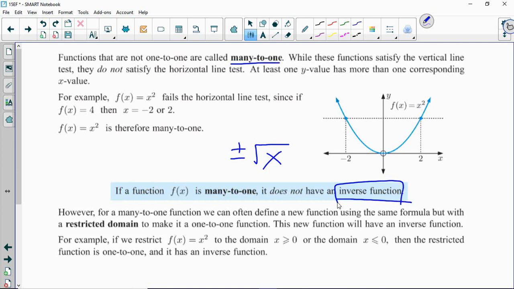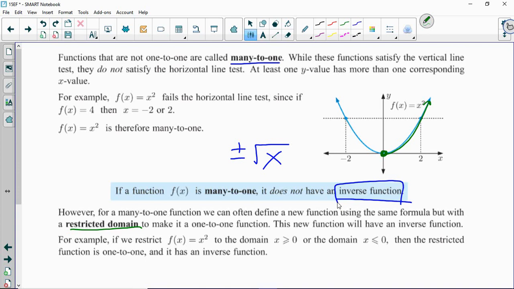We can make a new function out of a many-to-one function by restricting its domain, which in this case would mean cutting off the domain here at the vertex, or really any other point to the right of it would do. And that way we're only looking at a portion of the graph which is one-to-one.